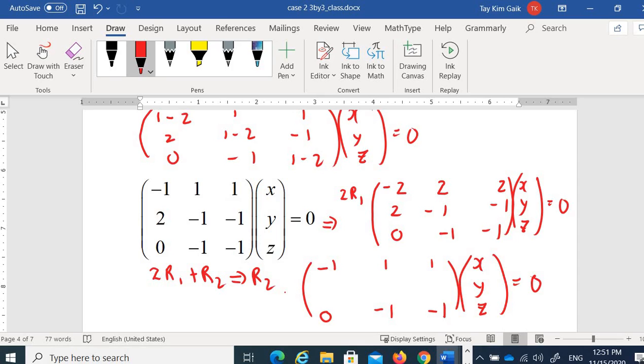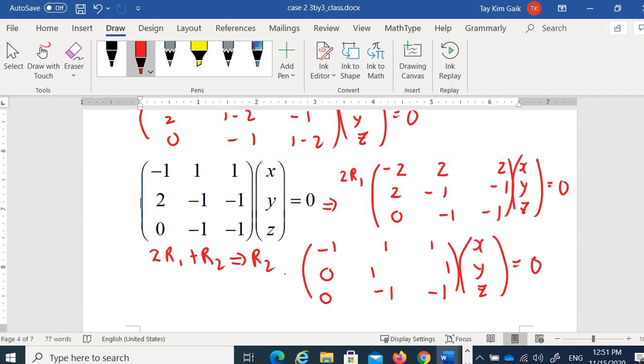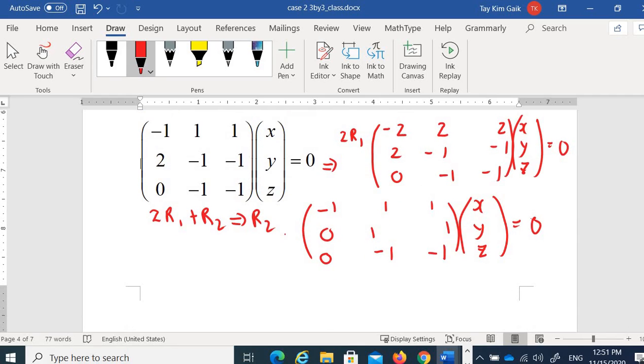So 2 times row 1 add up with row 2 here. Negative 2 plus 2 here, 0. So 2 minus 1, 1. 2 minus 1, 1. Okay. So you notice now actually row 2 and row 3 are equivalent.